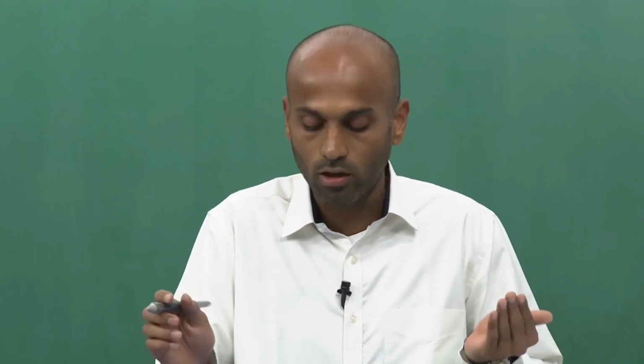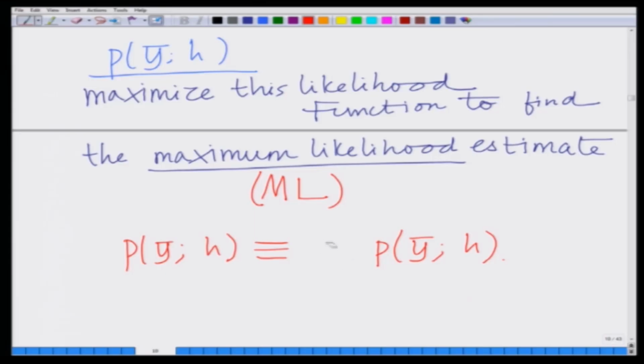We are talking about the natural logarithm, denoted by ln, that is log to the base e. Since we have an exponential, it is convenient to find the parameter h for which the logarithm of the function is maximum.